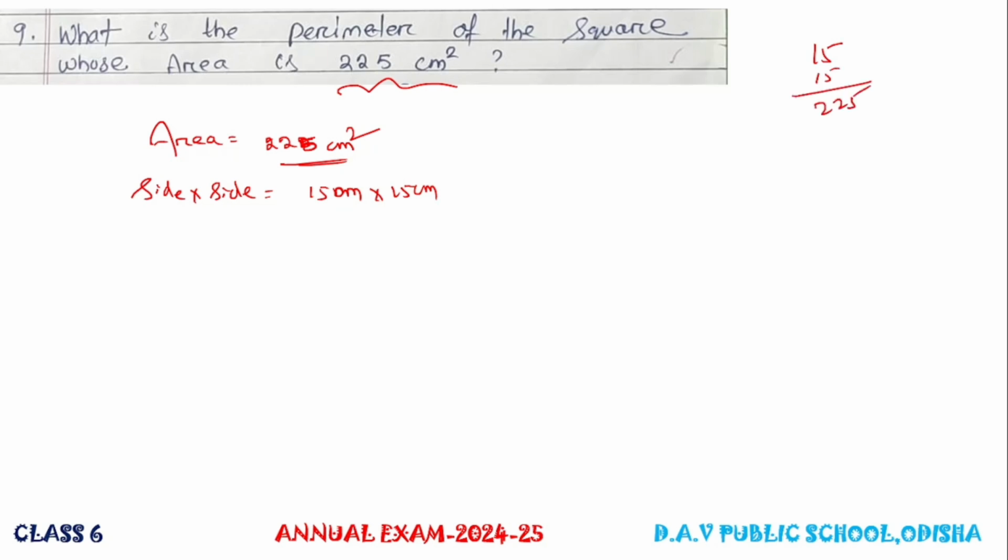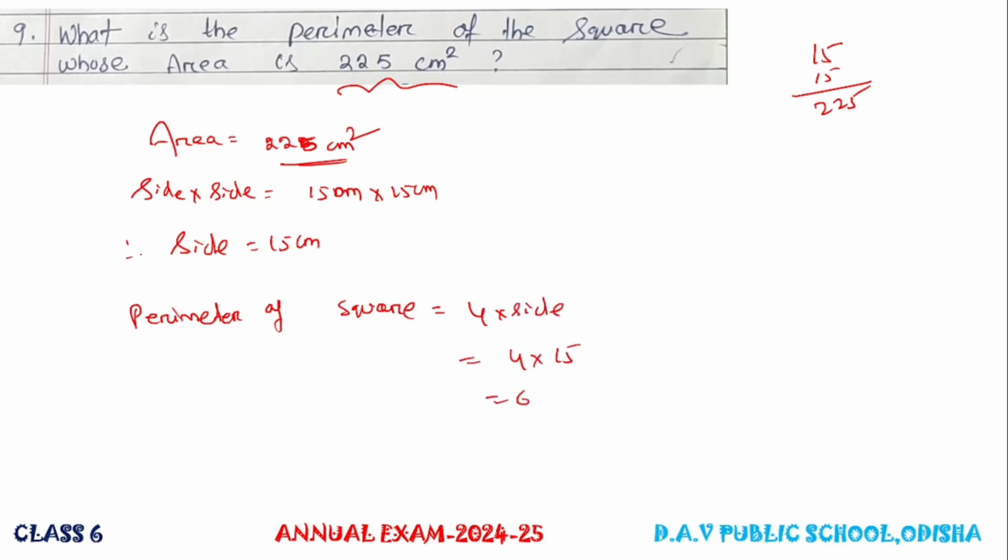Now we can say that side equal to 15 centimeter. Again find the perimeter. So perimeter of square equal to formula 4 into side, 4 into 15, that is 60 centimeter. Answer. Next question.